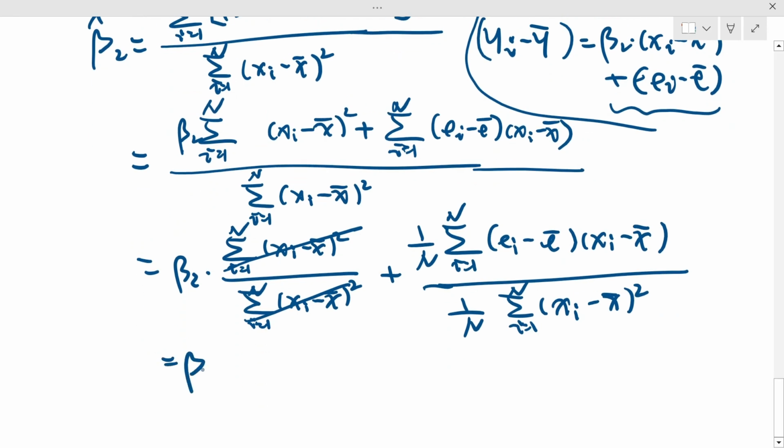So beta 2 is the true value, and beta hat 2 is the estimator, is equal to beta 2 plus the term of this.